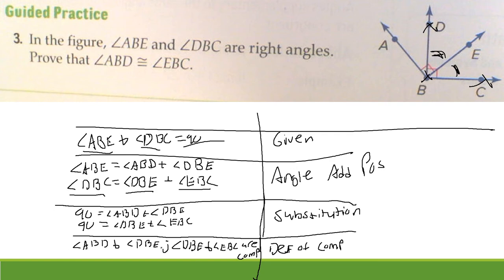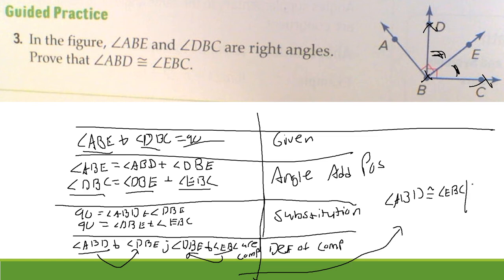And if this is true, we'll notice here that we have this angle is complementary to DBE, and this angle is complementary to DBE. So what we end up with in our last reason, which I'll put over here, is that angle ABD is congruent to angle EBC because of the congruent complements theorem. I'm going to write the symbol here because that's going to get way too small to write in there.